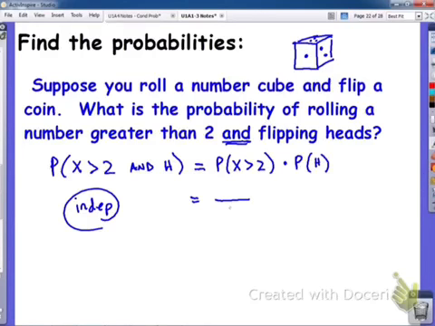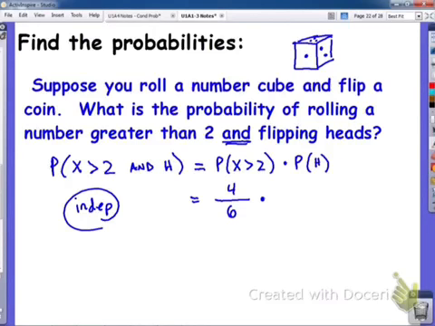There's 6 sides, so that's going to be out of 6. And there's 4 options. You can roll a 3, a 4, a 5, or a 6, right? So there's 4 good, successful options out of the 6 possible. And you're going to multiply that by the probability of flipping a coin and landing on heads.